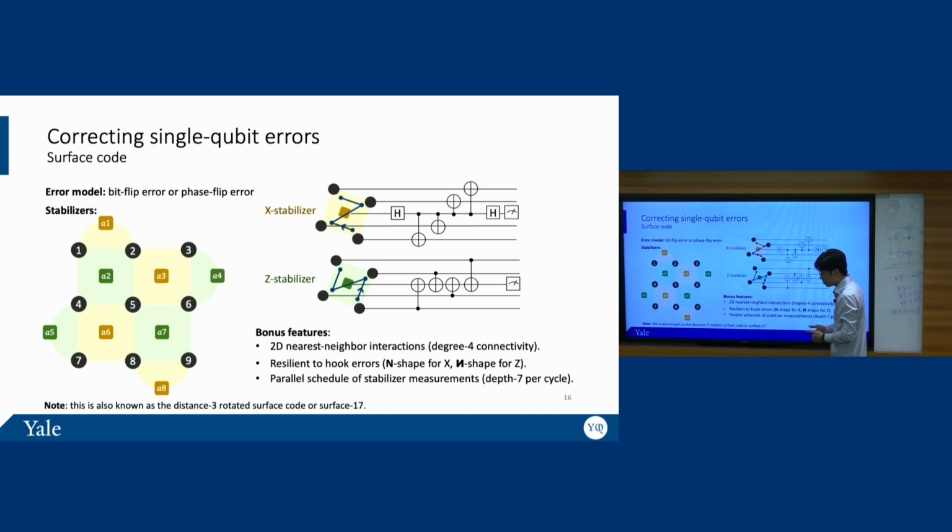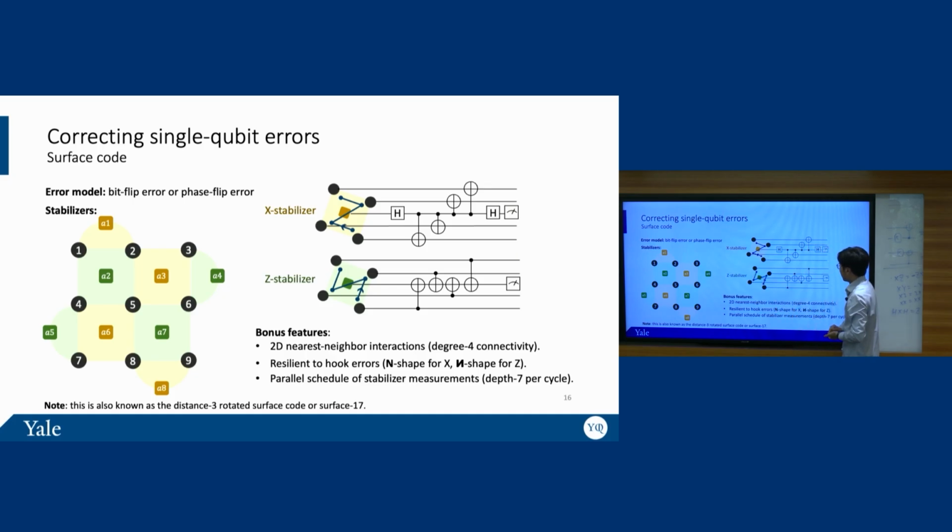This is also really nice. Remember, we want to make sure we can detect errors fast enough as they occur. So we want to make sure our circuit for detecting errors is very shallow in depth, so it can be implemented in a very short amount of time.